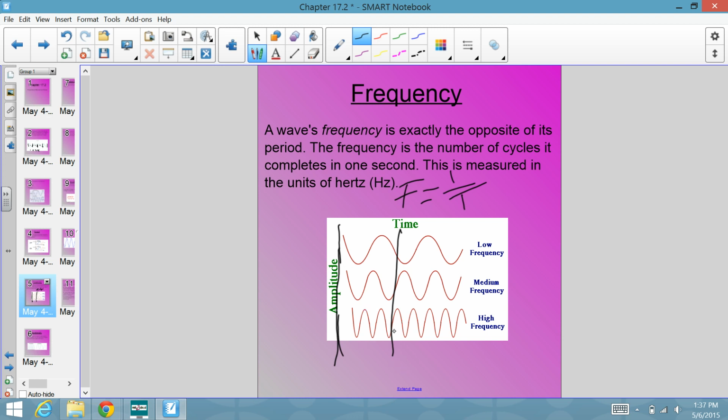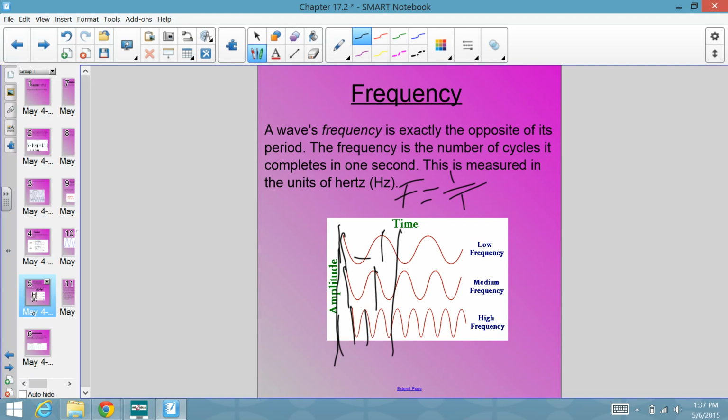What that means is, if it has a very high frequency, it has a very low period, because it doesn't take very long for 1 cycle to be completed. So that's 1 cycle in this wave. This is 1 cycle in this wave, and this is 1 cycle in this wave. It doesn't take very long for the shorter wavelengths to undergo 1 full cycle.